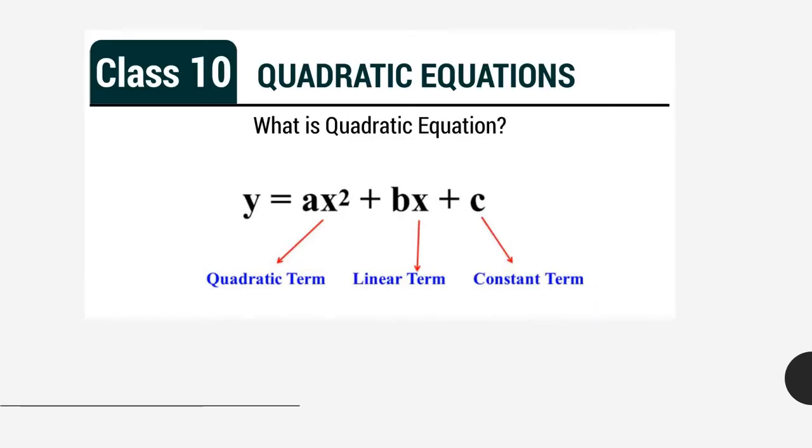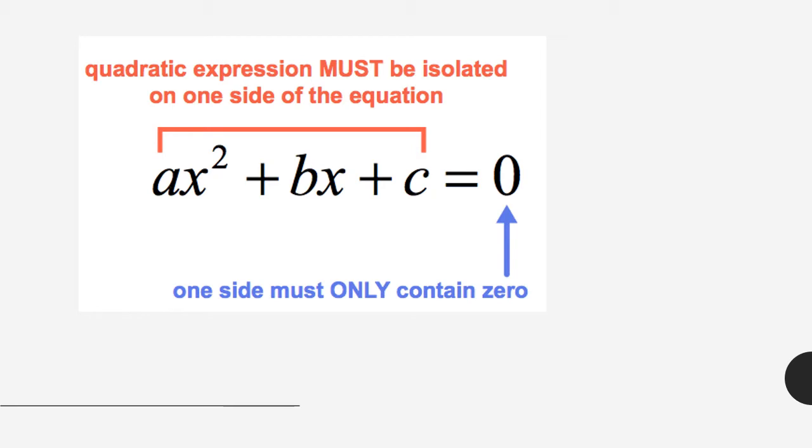Also, you can see this is the standard form of expressing a quadratic equation, where the first term is your quadratic term, the second one is a linear term, and the last one is a constant term. So as per this, we represent any quadratic equation in the standard form. If I equate it with 0, I get a quadratic equation, and the important thing is that all the terms we keep on the left hand side.